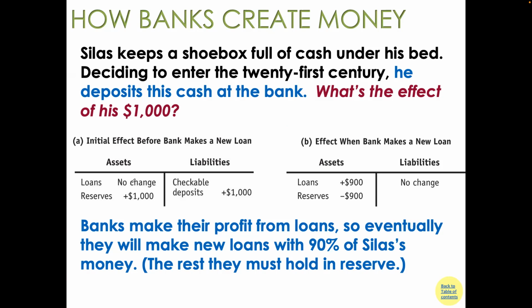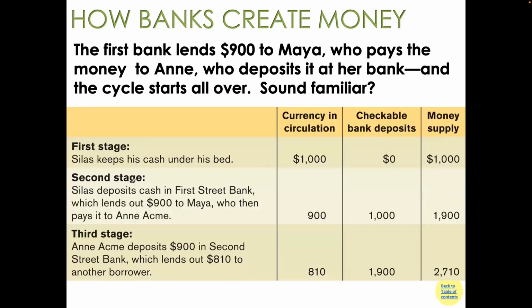But that's not the end of the story. Now the next step is somebody takes this loan, like in this case, Maya. So Maya is a person who walks into this bank and takes a loan of $900.